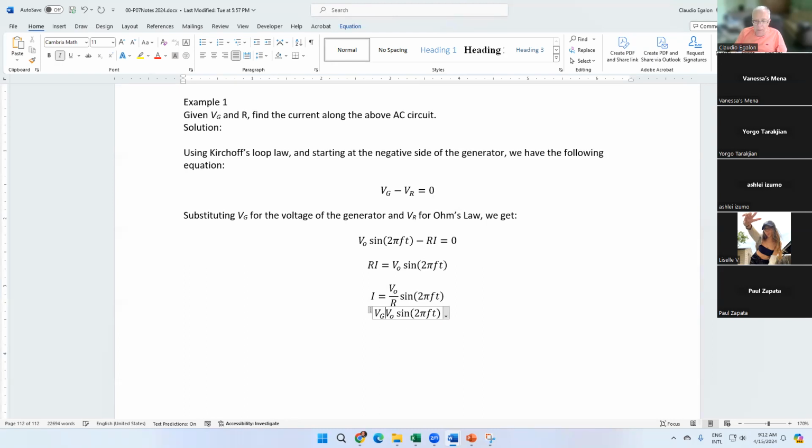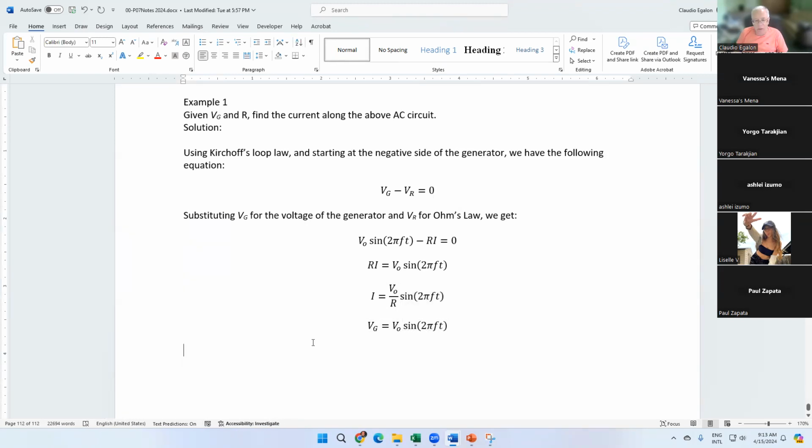Note that the current has a sinusoidal relation, which is exactly the same as for the voltage. The current is directly proportional to the sine of 2 pi ft. The voltage is directly proportional to the sine of 2 pi ft, okay?